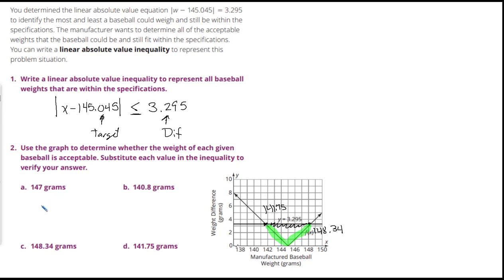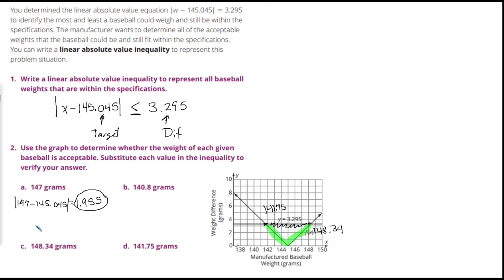If our ball weighed 147 grams, we would take 147 minus 145.045, subtract that and take the absolute value, and that would give us 1.955.